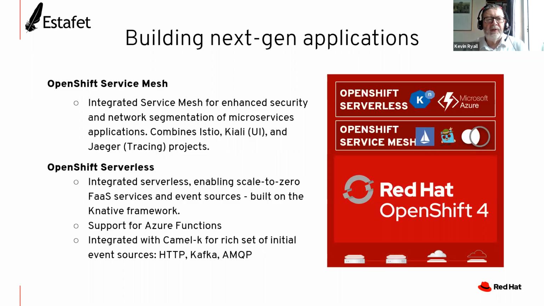And you can see that service mesh is an approach to, if you like, what glues your containers together. And it gives you microservices, applications can talk to each other more easily, and it combines things like Istio and other industry standard projects.